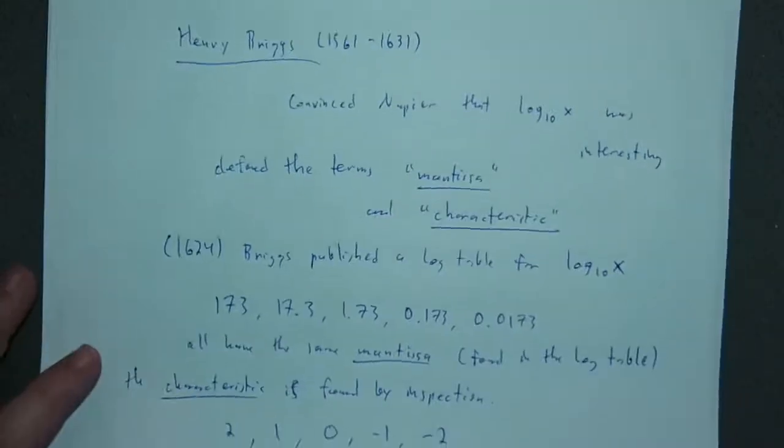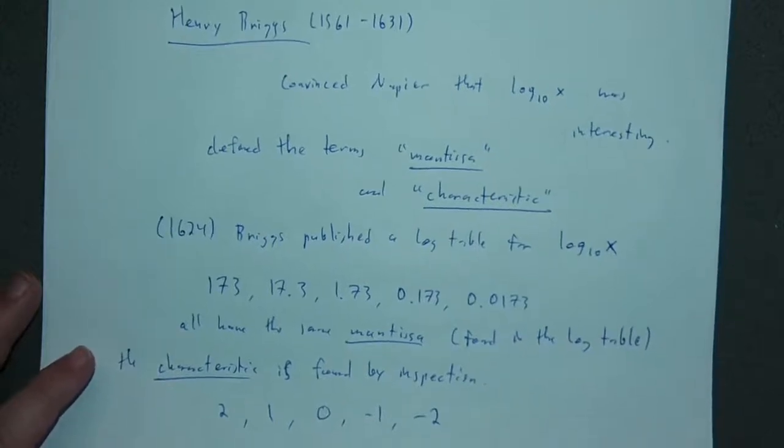Briggs was important because he was the one who convinced everyone that log base 10 was something to look at, and he basically expanded on Napier's work. And he did this in concert with Napier. He met with Napier several times and worked through this stuff.